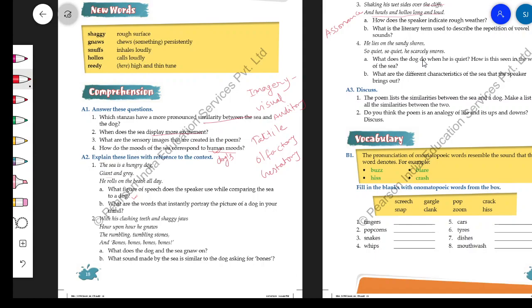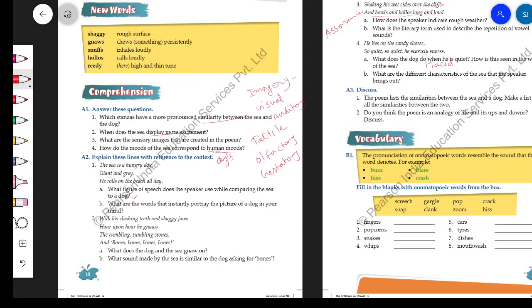I must give you the spelling of placid. PLACID. What are the different characteristics of the sea that the speaker brings out? The poet actually shows different characteristics of the sea.